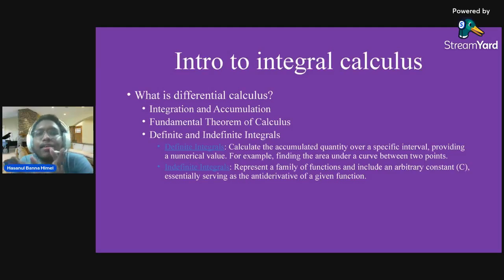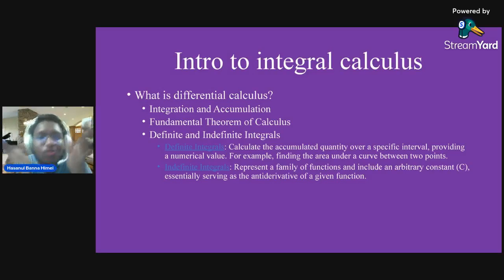As I said earlier, when we are traveling from distance one to distance two, there can be many curves, right? First up, then down, then up, then down. In our perspective, speed can increase and decrease.